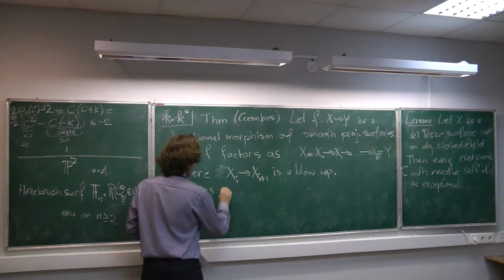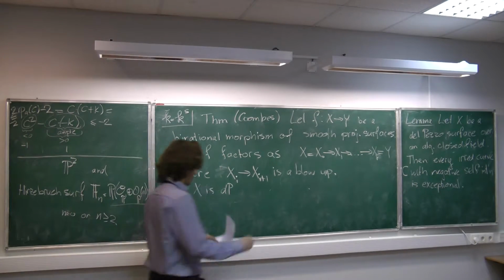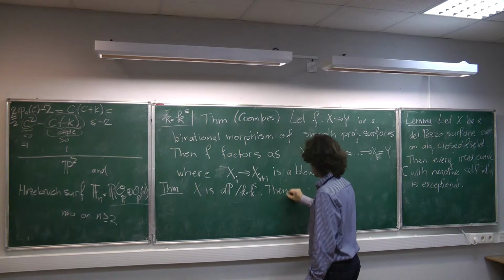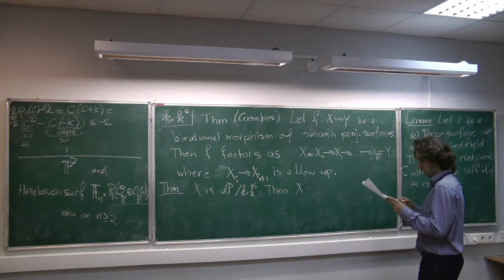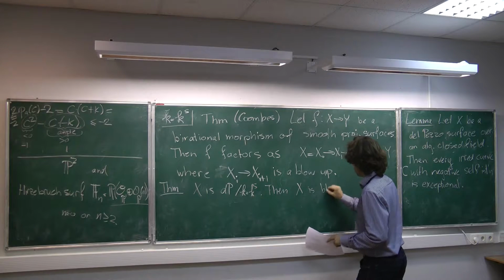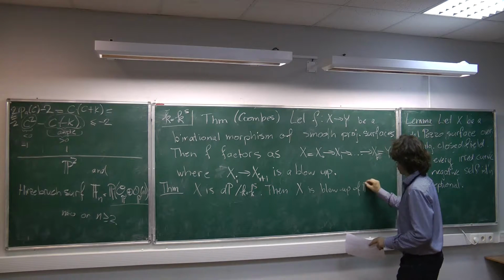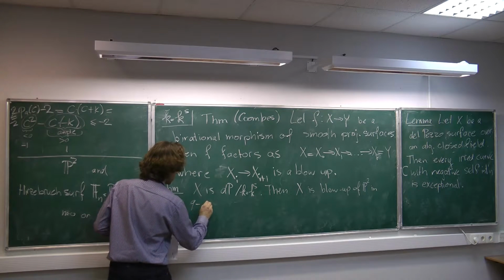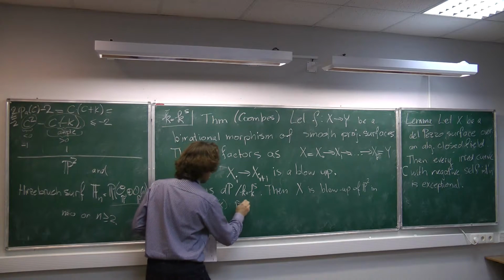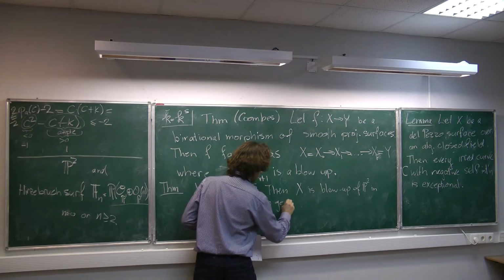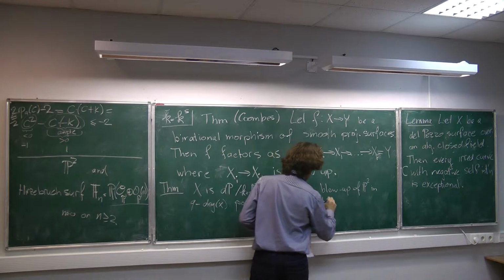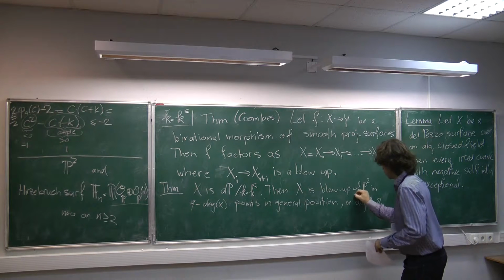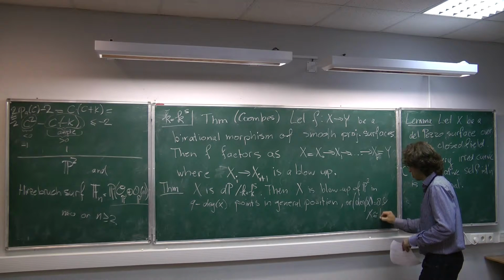So if X is Del Pezzo, and we'll start abbreviating Del Pezzo with dp, over a field that's separably closed, then X is the blow-up of P2 in at most 9 minus the degree of X as a Del Pezzo surface points in general position, or the degree of X is 8 and X is isomorphic to P1 cross P1.